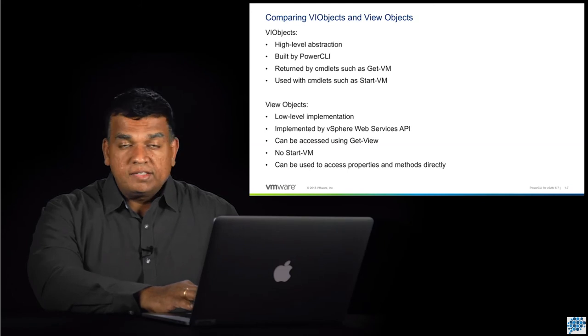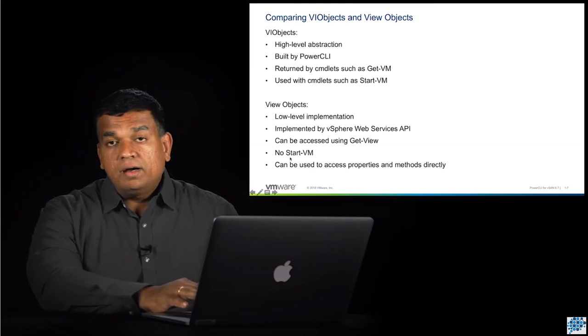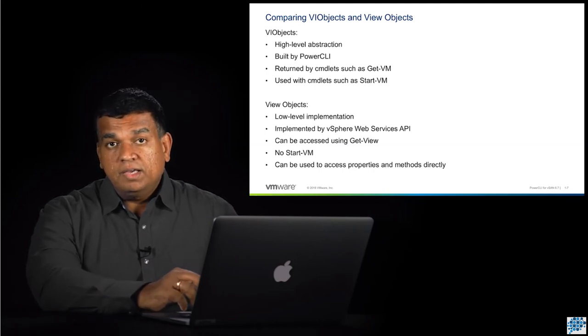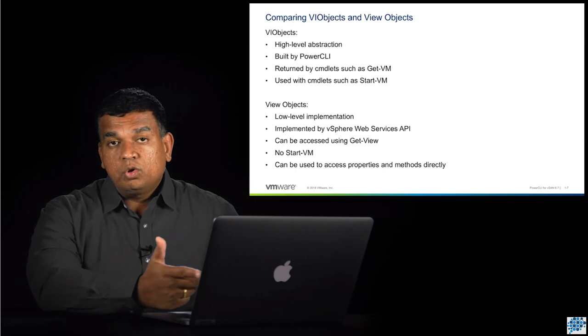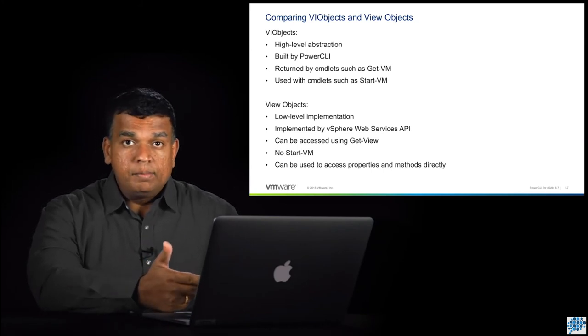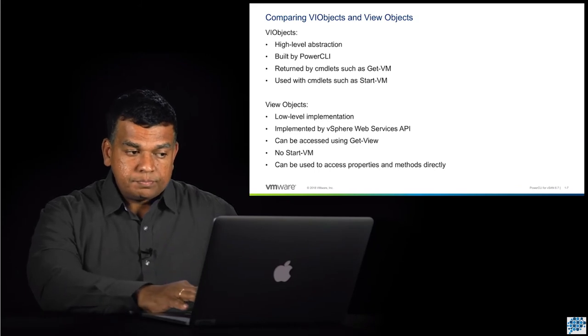These can be accessed using Get-View, and we cannot use the normal commandlets like Start-VM on a view object. These are the API level constructs, and the normal PowerCLI commandlets will not be compatible with the view objects.